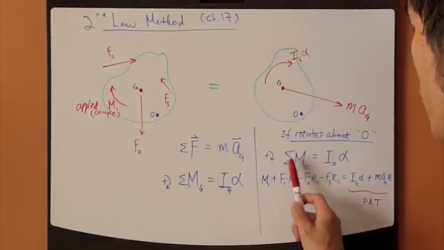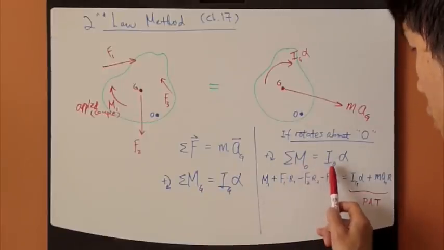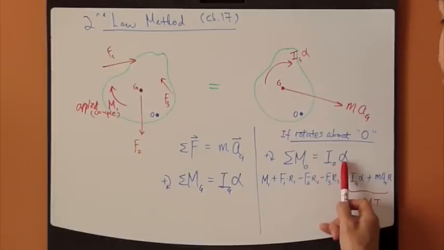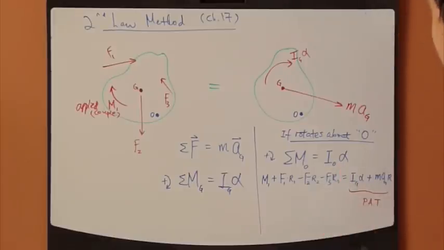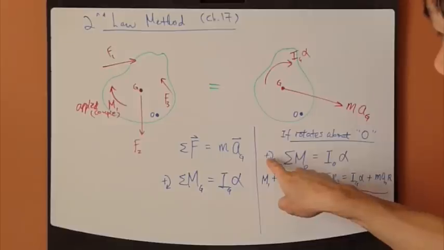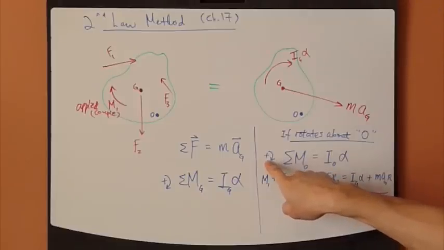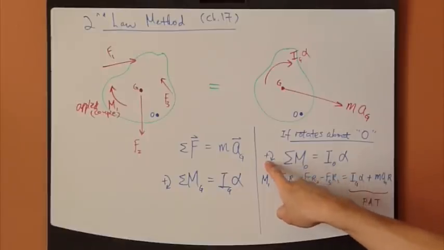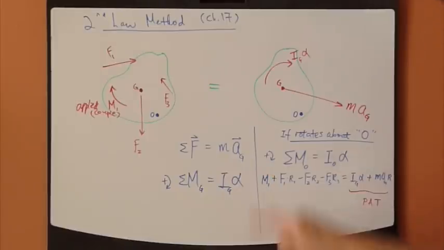Sum of moments about point O equals mass moment of inertia about point O times the angular acceleration of the rigid body. In applying this sum of moment equation, you always need to define the positive direction, whether it's clockwise or counterclockwise. It's up to you.